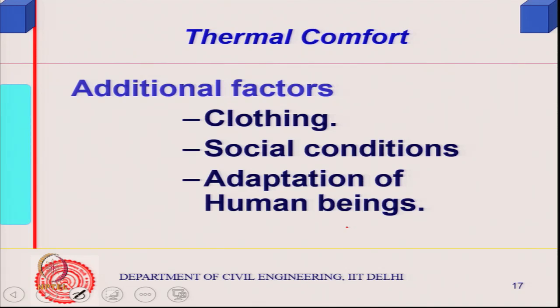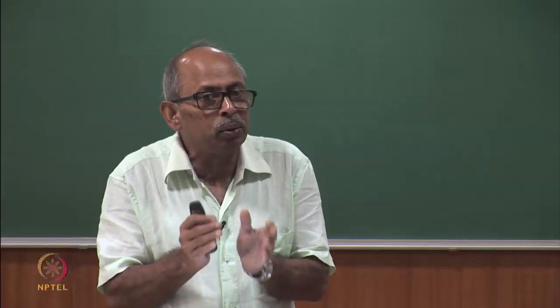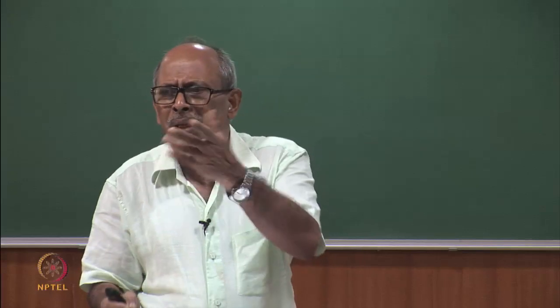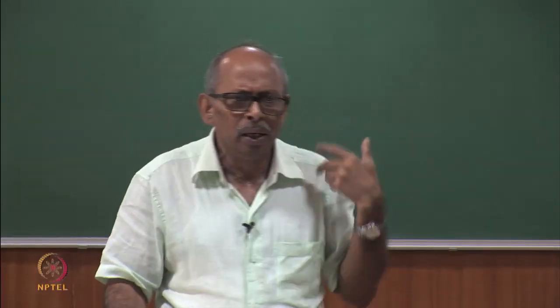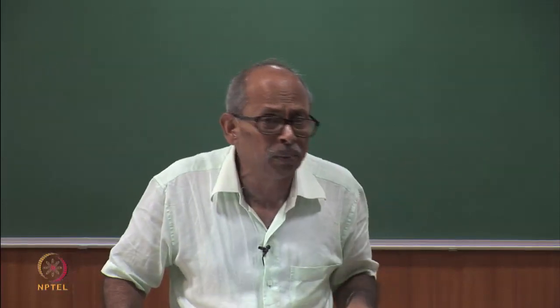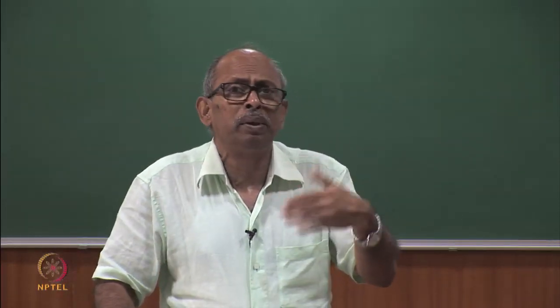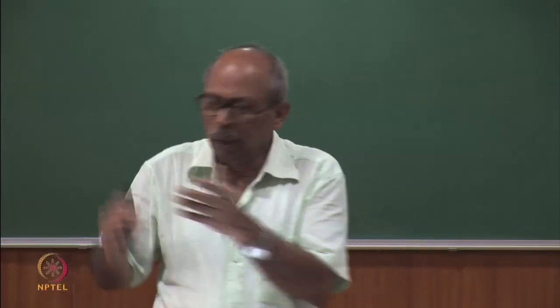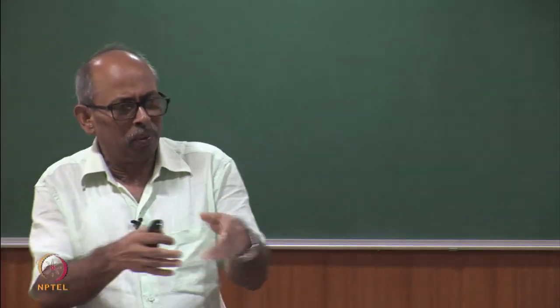So, there is something called the Indian index, which was developed long back, largely in this part of the country, Roorkee, CBRI, they did some work, and I think it was PhD work at Agra University somewhere. People were put into a certain environment and asked whether they are comfortable or not.